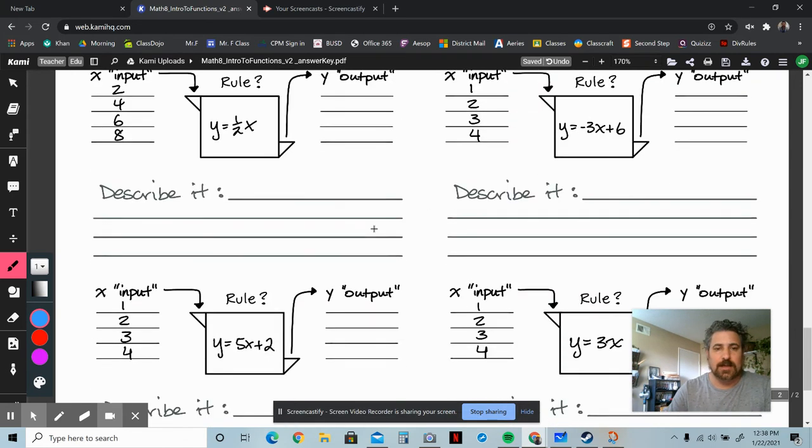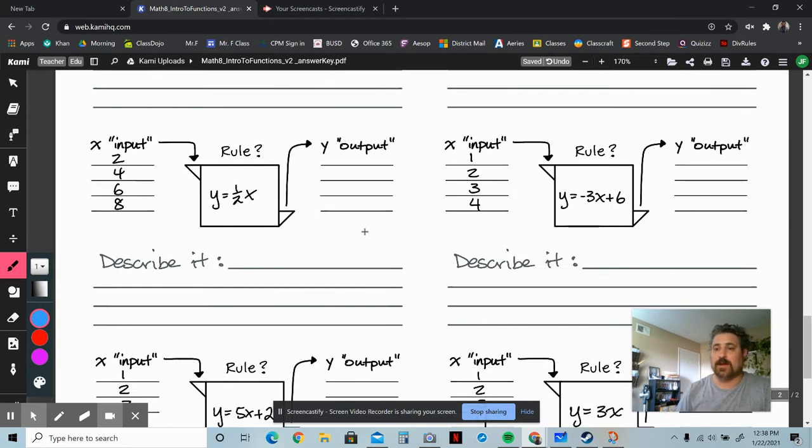All right, let's take a look at the next one. This is y equals 1 half x. Timesing by 1 half is the same as basically dividing by 2. So all you're going to really do here is just cut these x values in half. So 1, 2, 3, and 4, pretty easy, right? This is in the form y equals kx. So this is a proportional linear function: when x is 0, y is 0, and it has a constant rate of 1 half, so basically a slope of 1 half.